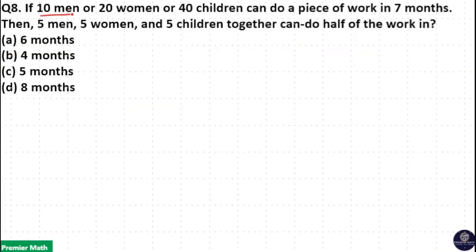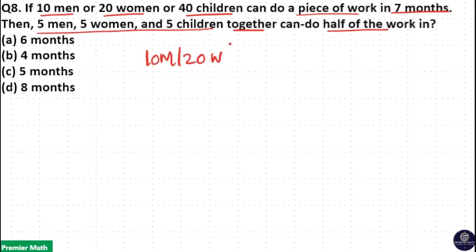If 10 men or 20 women or 40 children can do a piece of work in 7 months, then 5 men, 5 women and 5 children together can do half of the work in. Here 10 men or 20 women or 40 children can do certain work in 7 months.